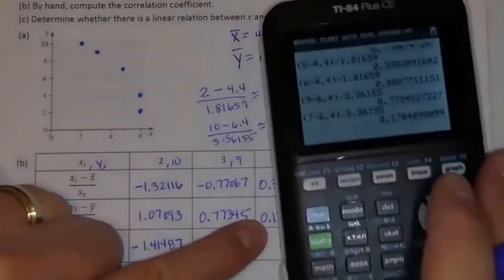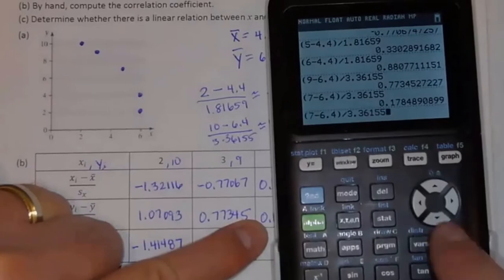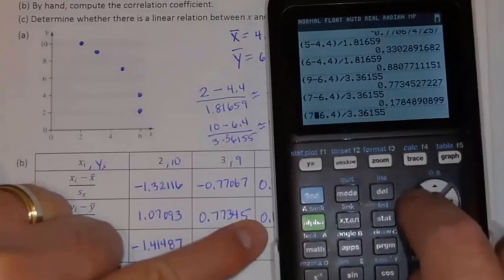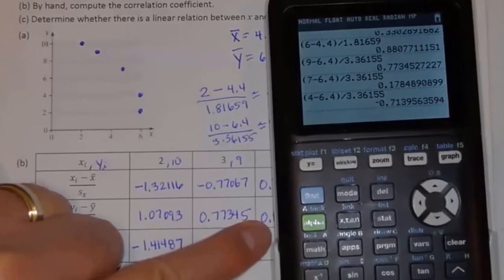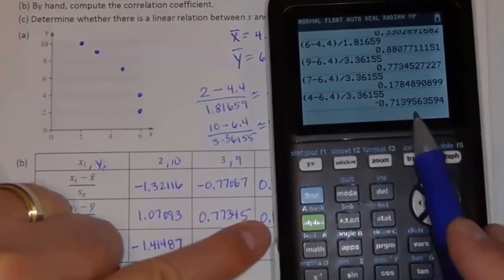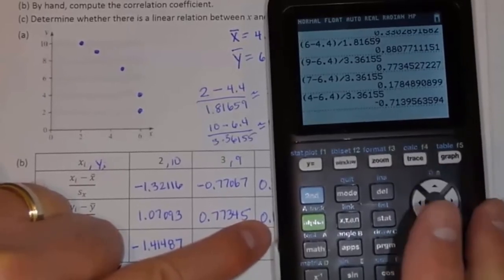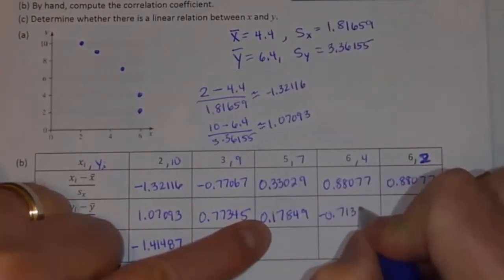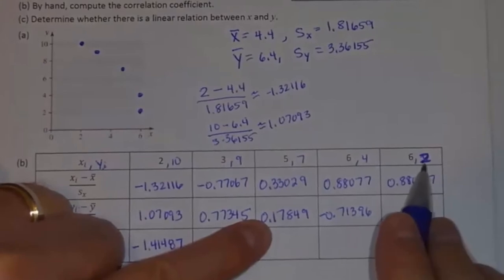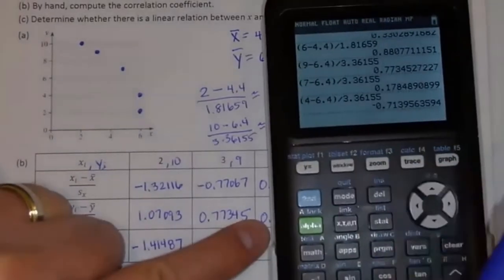Do the same thing for 4. Second and enter to pull that back up. Change the 7 to 4. And so I get negative 0.71396 if I round to 5 places. And last but not least, find the z-score for 2.